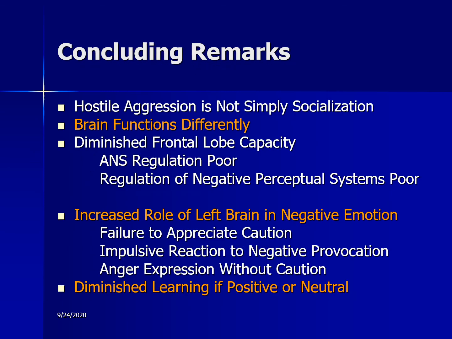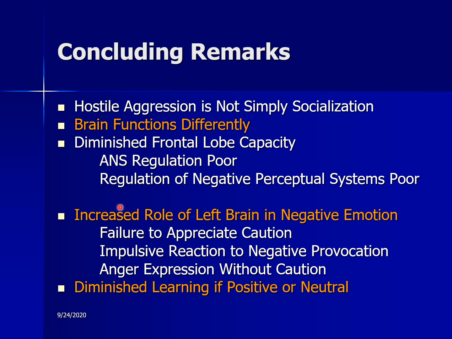Some concluding remarks here. Hostile aggression is not simply socialization. The brain functions differently. So in this neuropsychological evaluation, it's not on an individual, it's on similar groups. But if this were an individual, I would definitely be diagnosing a brain disorder, primarily right frontal pathology, but bifrontal deficits.